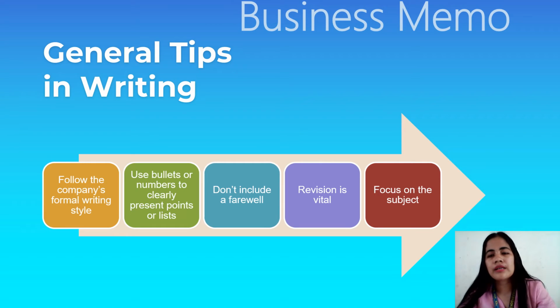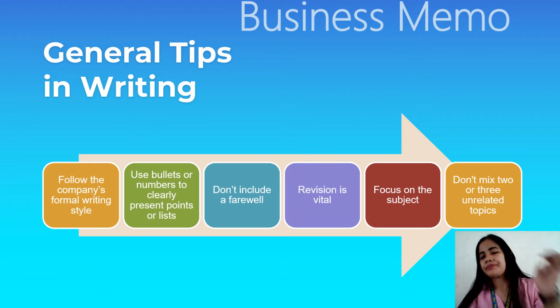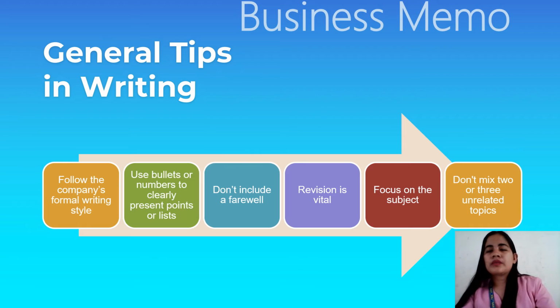If you need to revise, you revise to make your memo correct, concise, and short. And also, don't mix two or three unrelated topics. As I said a while ago, if it is all about dress code, the topic is only for dress code. Do not mix with other unrelated topics.